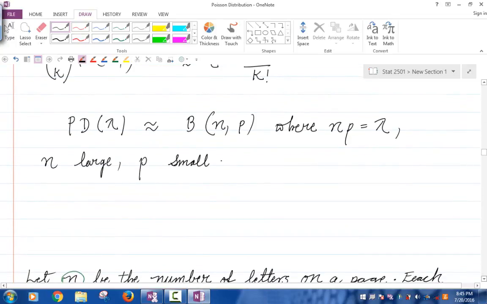As a rule of thumb, use this approximation when n is at least 20 and p is smaller than 0.05.